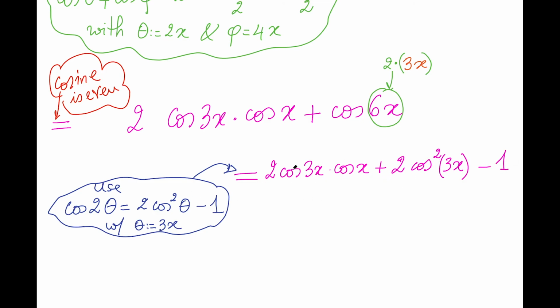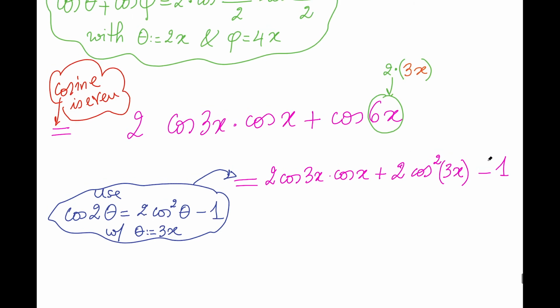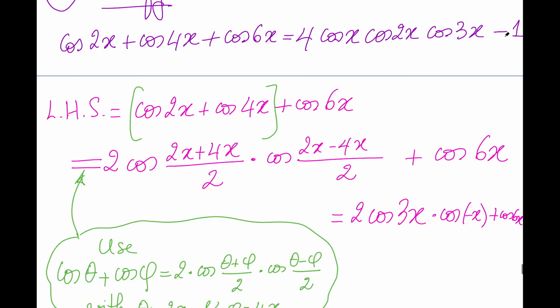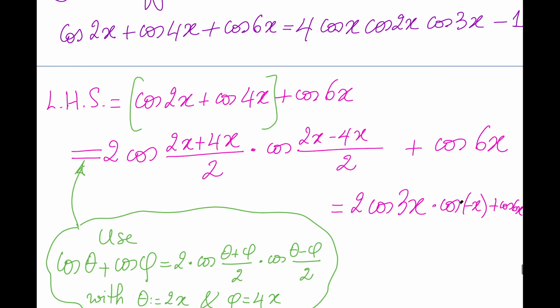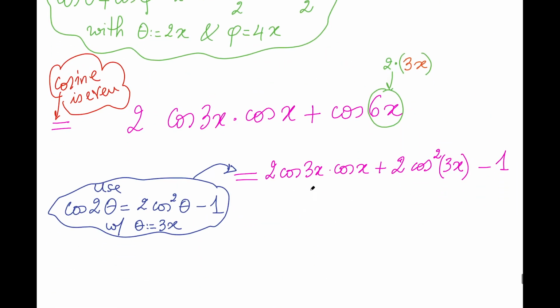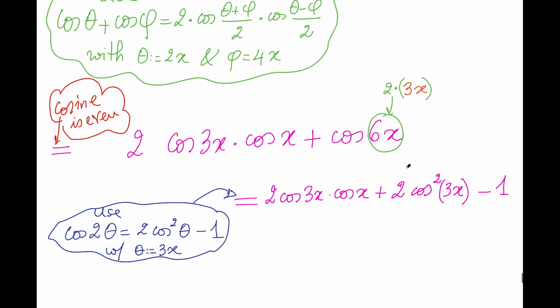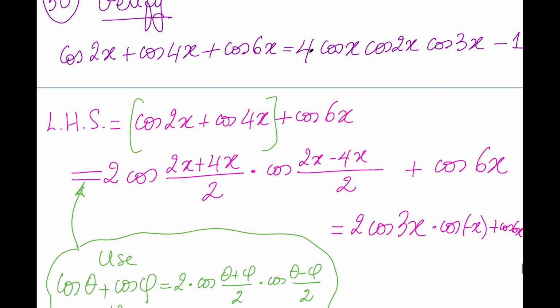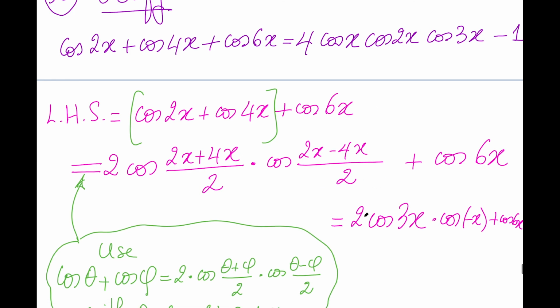So this minus 1 is part of the conclusion. You see it? That's good. And then what? Somehow this whole sum is going to be what we had over here. It's going to be this guy, right?